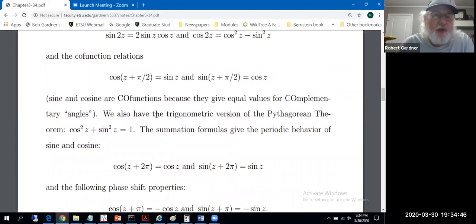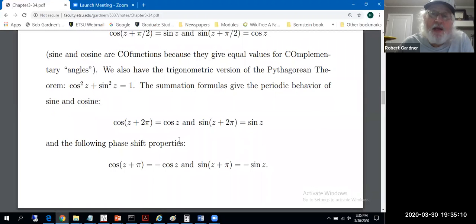But that's the reason cofunctions are called cofunctions, and those relationships hold in the complex setting also. The Pythagorean theorem can be stated as cosine squared plus sine squared equals 1 in the real setting. That identity holds in the complex setting as well, easily verified from our definitions of sines and cosines.